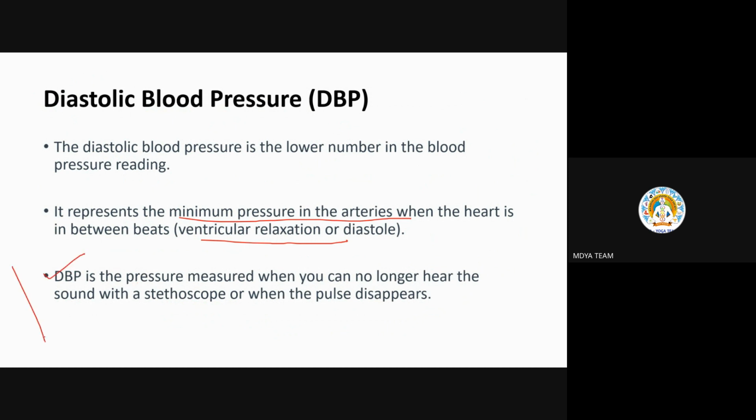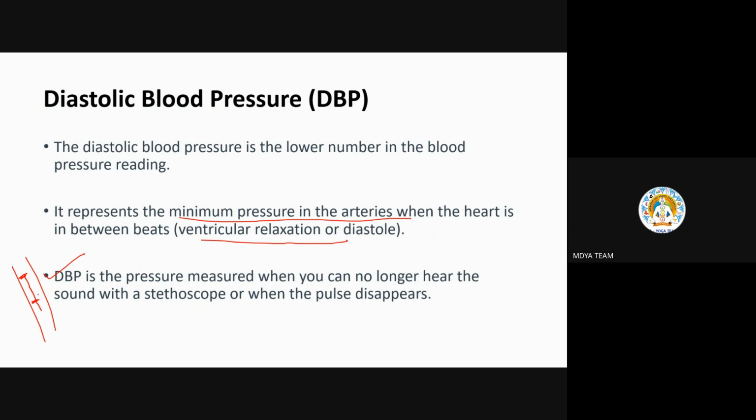DBP: when we see the last sound, the mercury will rise up. First we'll hear the first lub dub sound, and that one is systolic. Then we'll keep hearing the beats until the time where the beat stops and we're not able to hear the beats.